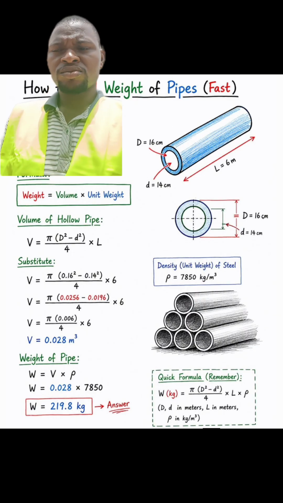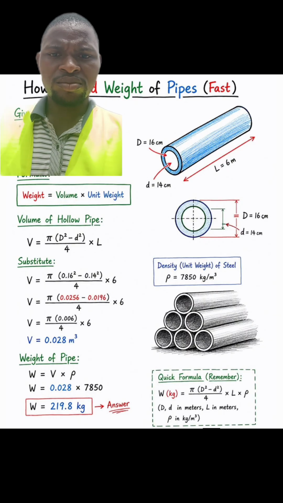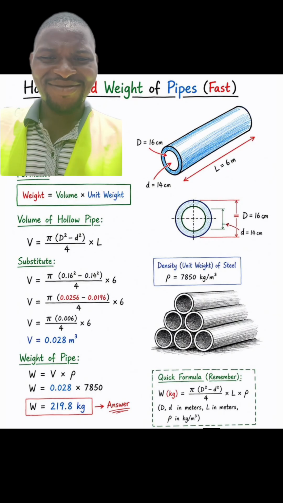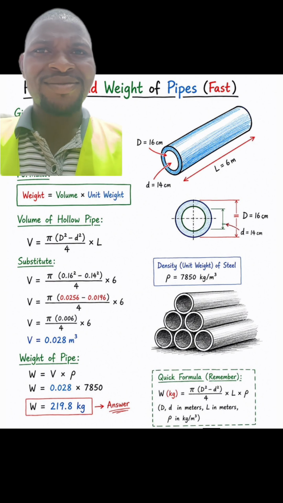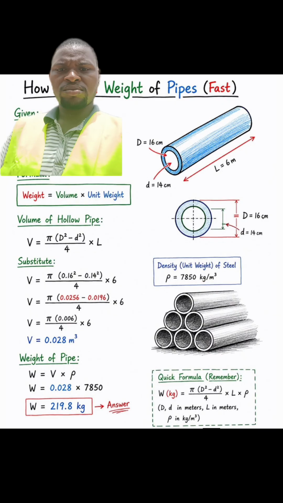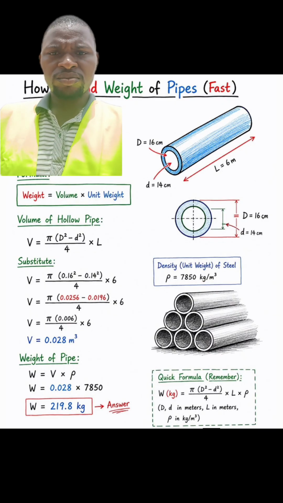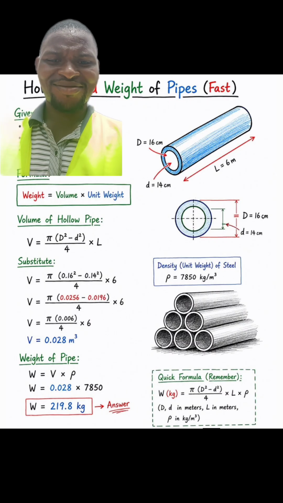So for your steel rod, what you're only going to do is to get your volume, which is V equals pi d square over 4 times L, not D square minus the small d. But since it is a pipe, that is why we are subtracting the internal diameter from the external diameter. For your rod, it's going to be just your diameter, because the rod has just one diameter.